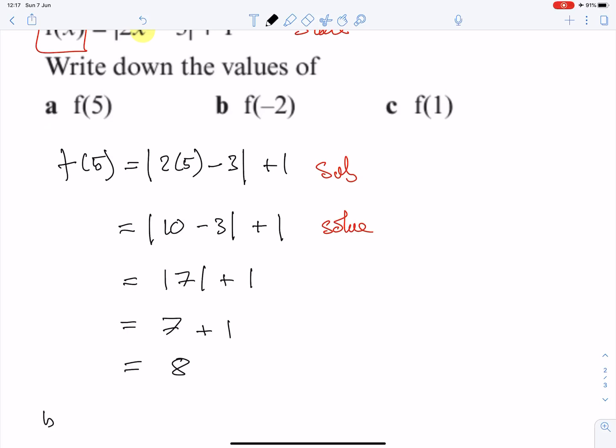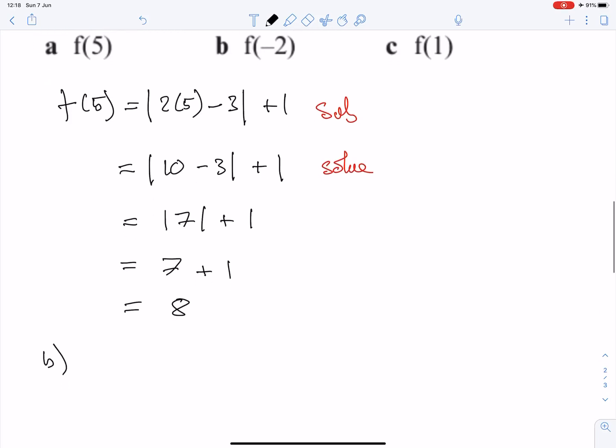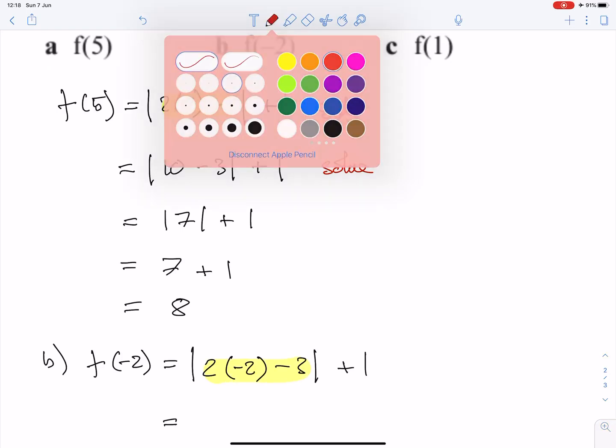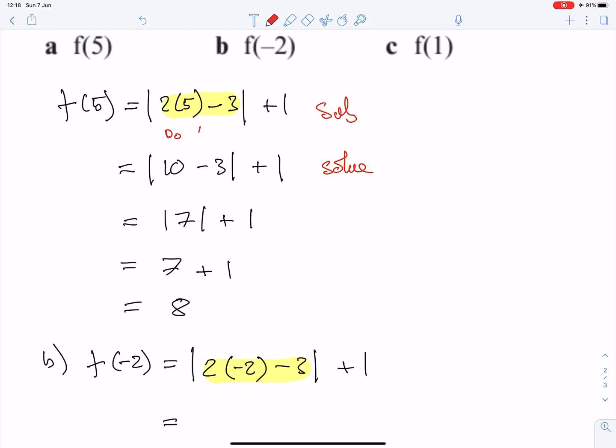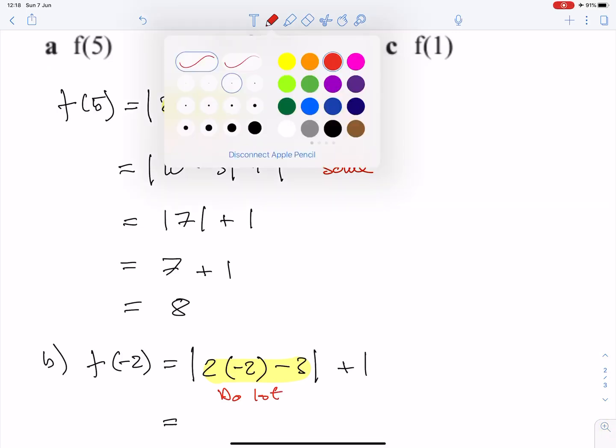Part B. We're going to put in -2. So f of -2 equals the magnitude of 2 lots of, substitute in a bracket, -2. That's our x value going in. Take away 3, plus 1. Work out the bit in the bracket first. Up here, we did that bit first. Here, we're going to do the bit inside the modulus sign first.